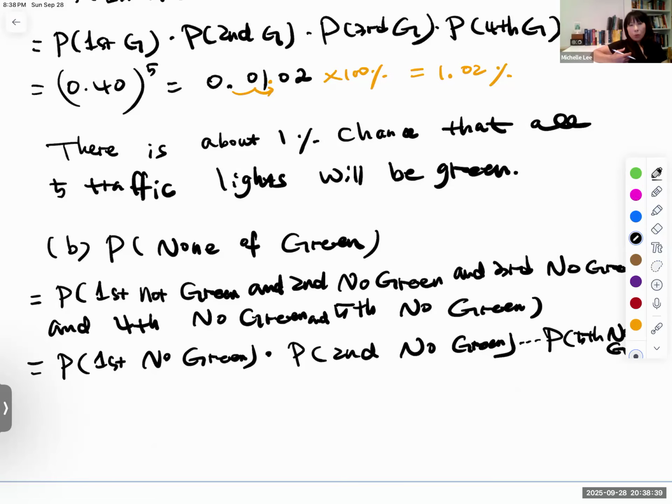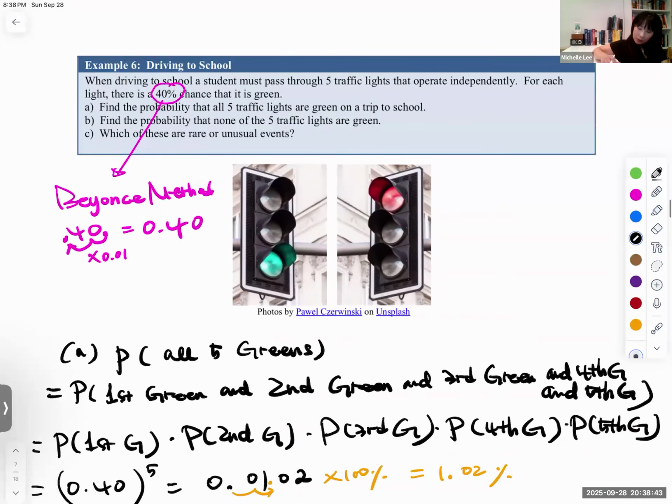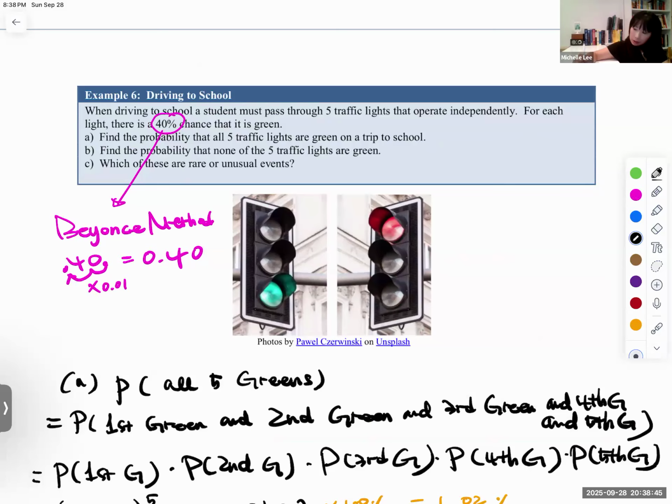Yeah, 0.6, because we have a 40% chance of green. So that means 100% minus 40%, which is 60%. 60% no green, right?